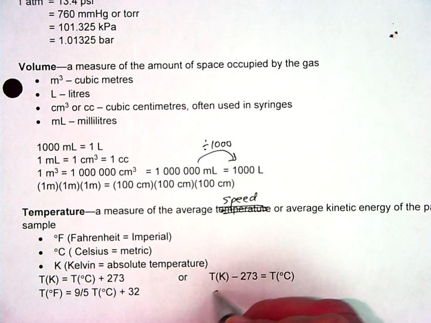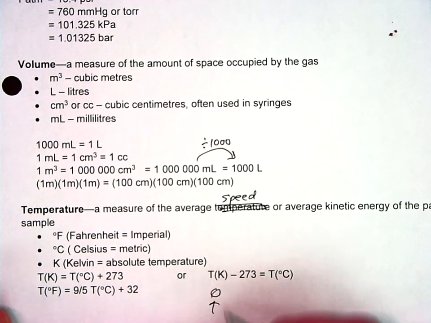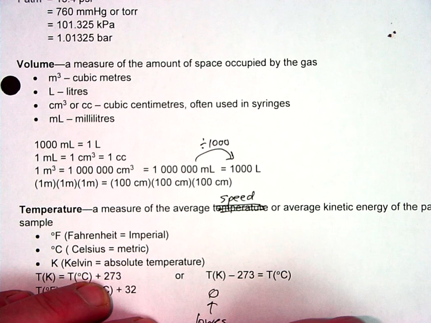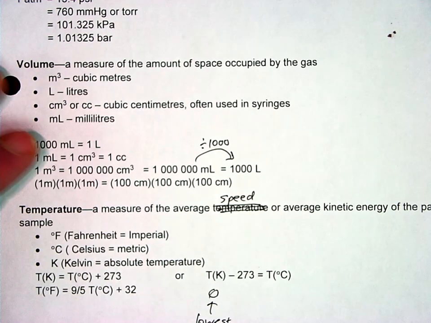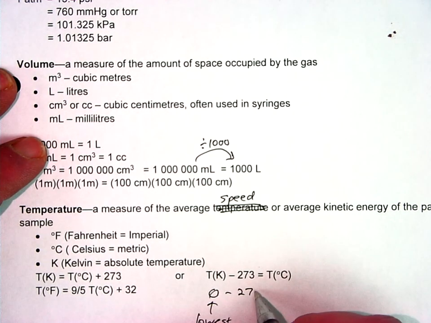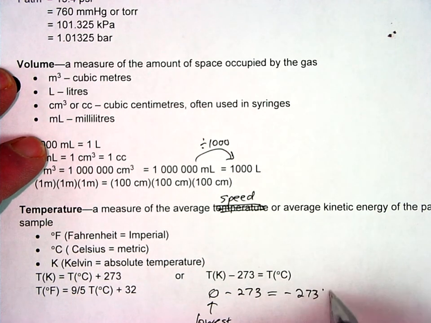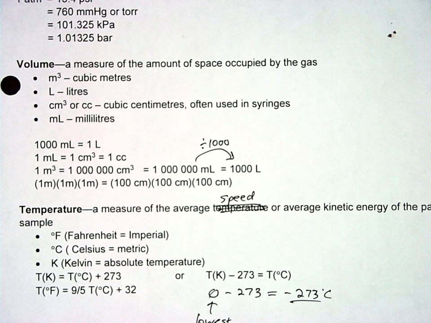We have the Kelvin temperature, which is absolute 0. That's the lowest temperature possible. Never been recorded, but it's been approached very closely. If we subtract 273, we're going to get negative 273, and that's absolute zero in Celsius.